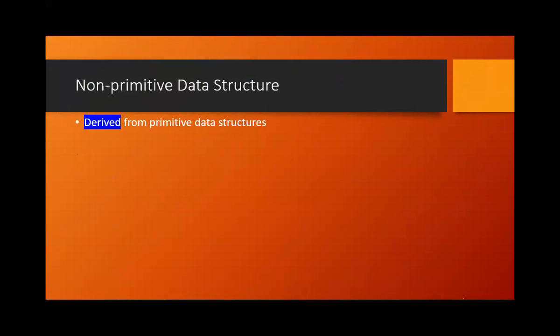So we can term it as derived from the primitive data structures, wherein the programmer can solve the drawback of the primitive, which we discussed as the single value, right? So in the non-primitive, these type of data structures can store a group of values. Examples: arrays, lists, and files.